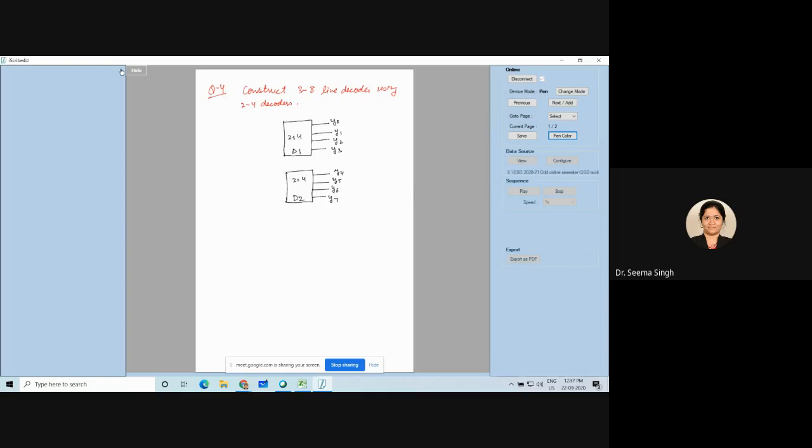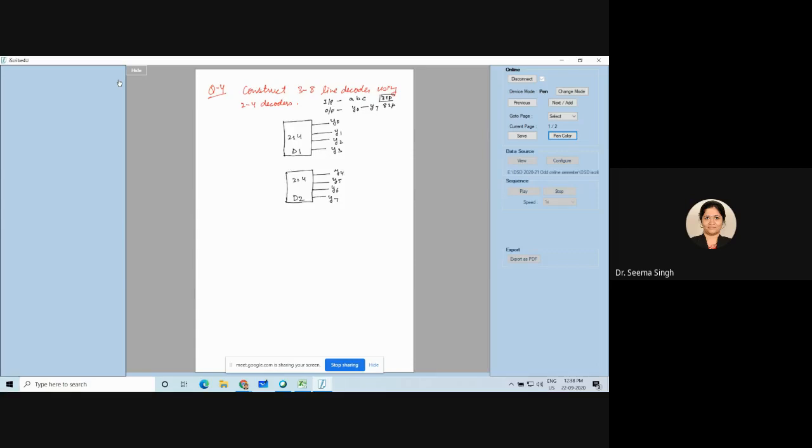Now, if I say the input of my decoder is A, B, C, and the output of my decoder is Y0 to Y7, so I have my 3 inputs, and I have my 8 outputs.